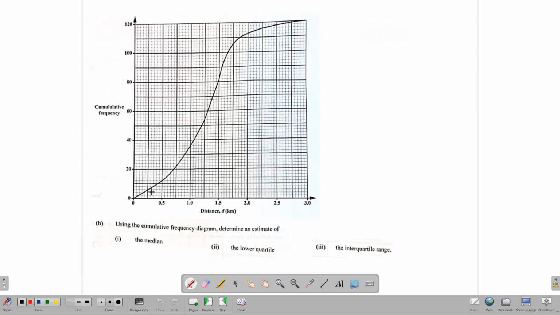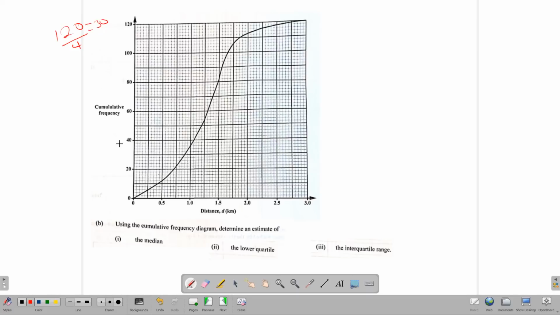Next, we want to look at some estimates for the median, the lower quartile, and the interquartile range. For that, we need to make our lives easier. Just put in the quarters on the diagram. So we have 120. 120 divided by 4 gives us 30.